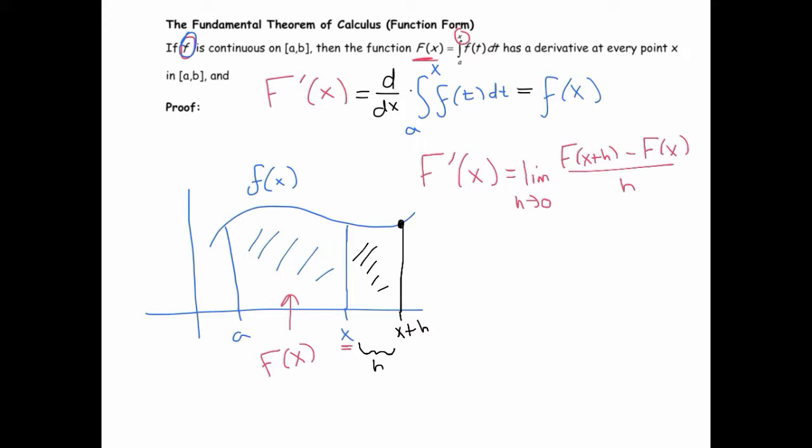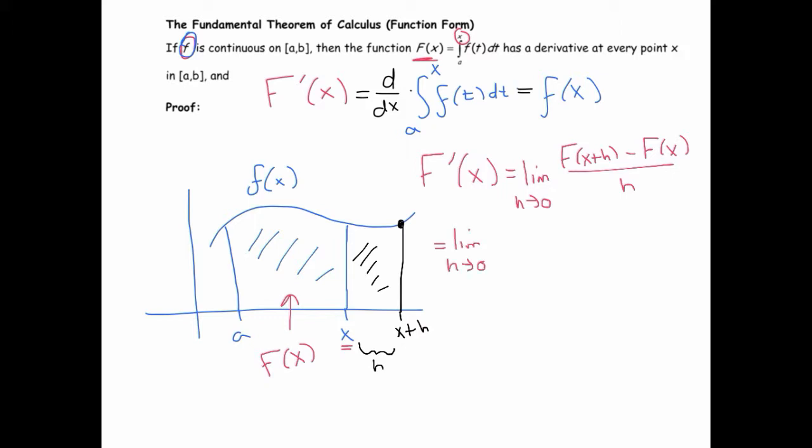We're going to let h go to 0, and once we do that, we'll have an expression, hopefully, for the, well, what we'll have is lowercase f of x. This idea of making h go to 0 is going to squeeze that thick region into a really thin one, until it's infinitely thin, and then we'll see that the actual rate of change of the accumulation of area is lowercase f of x. So let's do some replacing here.